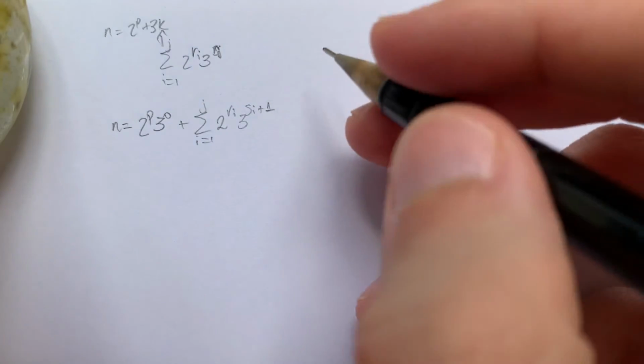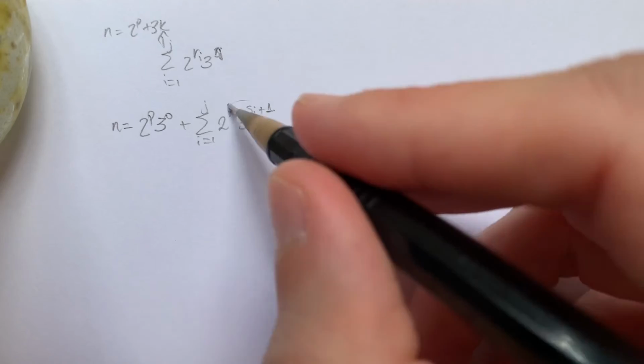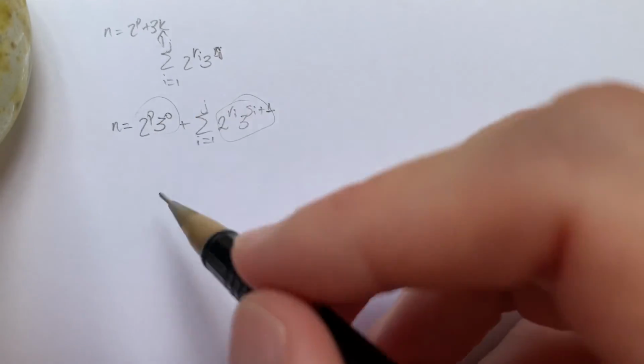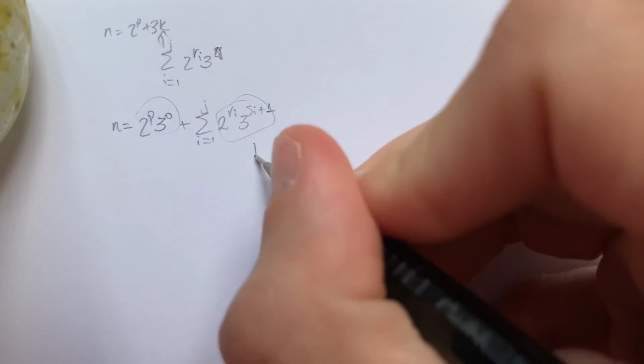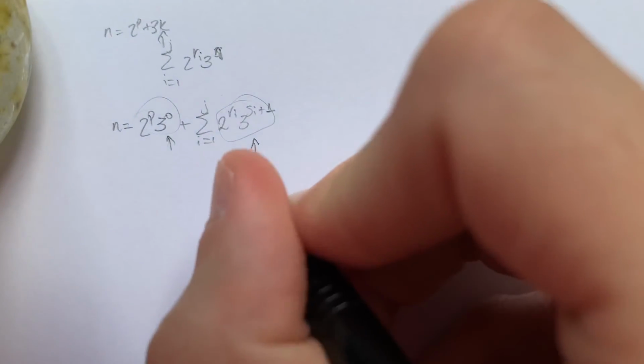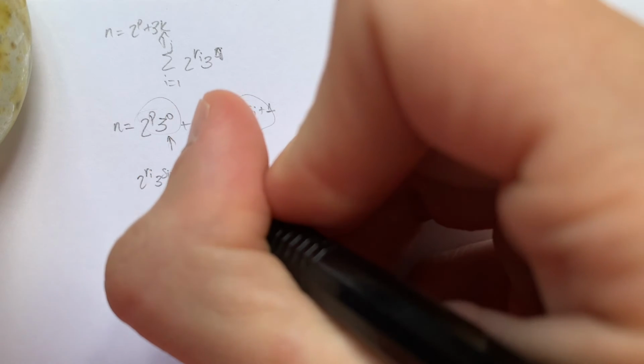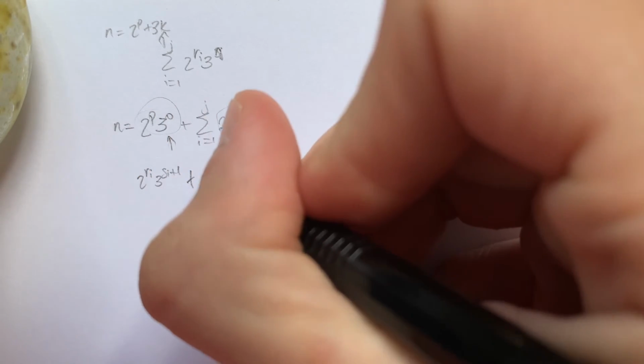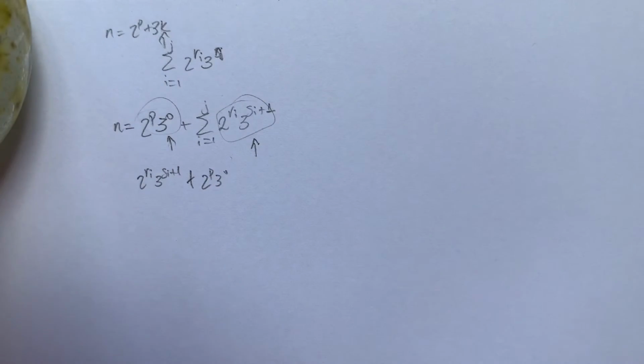We know that no element of this form will divide this one, because here we have a factor 3, which we don't have here. So this doesn't divide this, and now we have to see the other way.